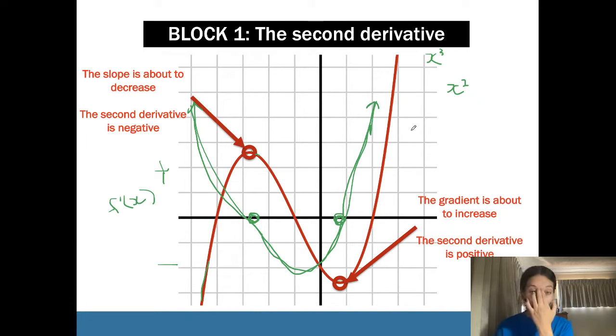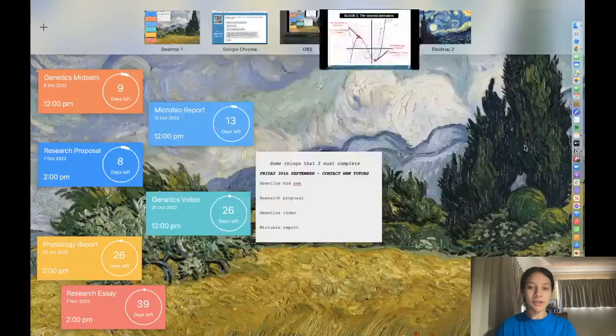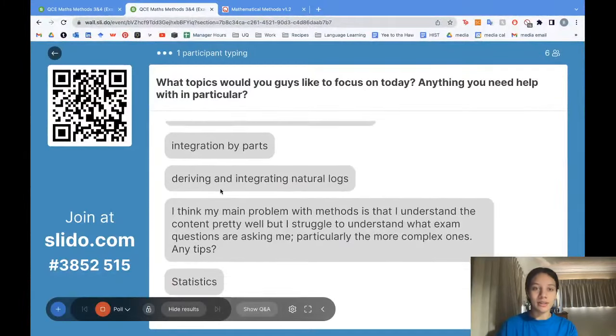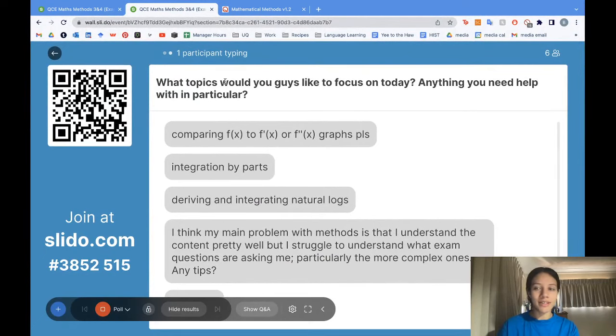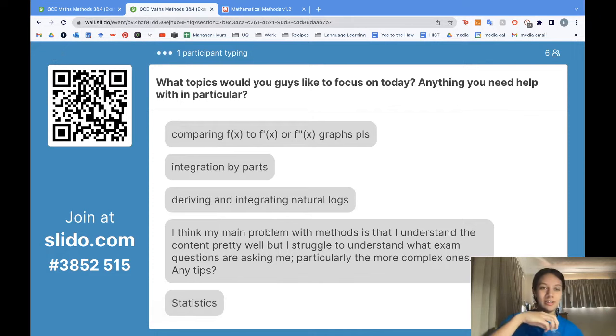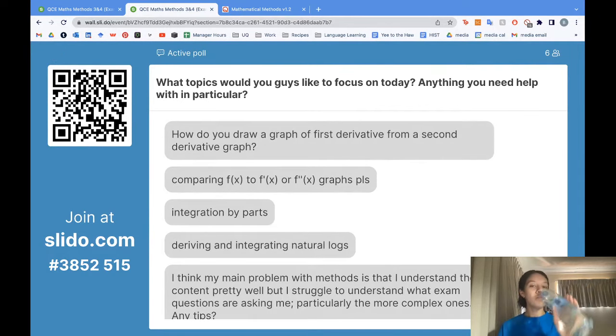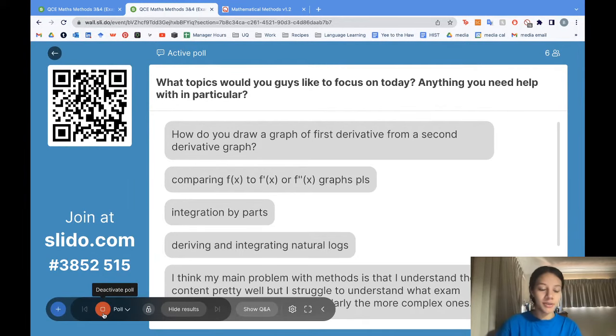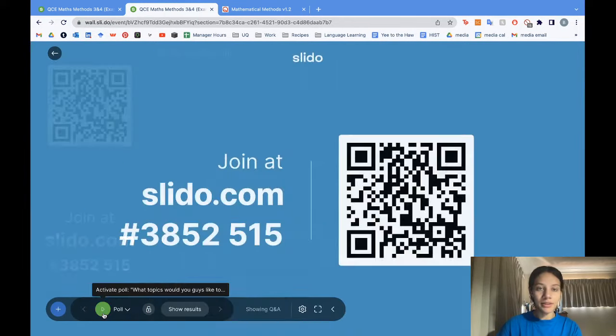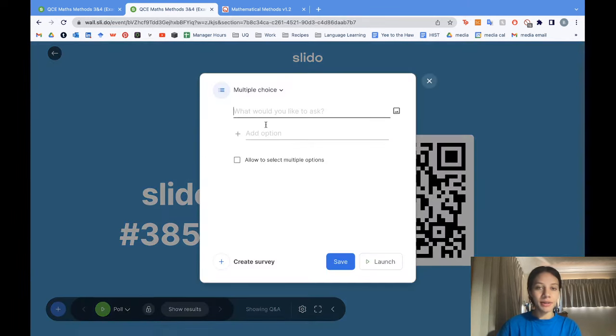And then if we're going to extend it into the second derivative, I'm actually going to run a poll and ask you guys what shape do you think it'll be. I see someone's typing there, so I'll let you continue. Cool, we can go over that as well.